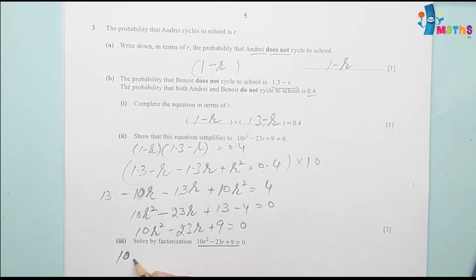So 10r squared minus 23r we can split into minus 18r and minus 5r, and plus 9 is equal to 0. So we can make two pairs. From this pair we can take 2r common, so inside will be 5r minus 9, and from the other we can take minus 1 common, so it will be 5r minus 9 is equal to 0, because minus we have taken common.